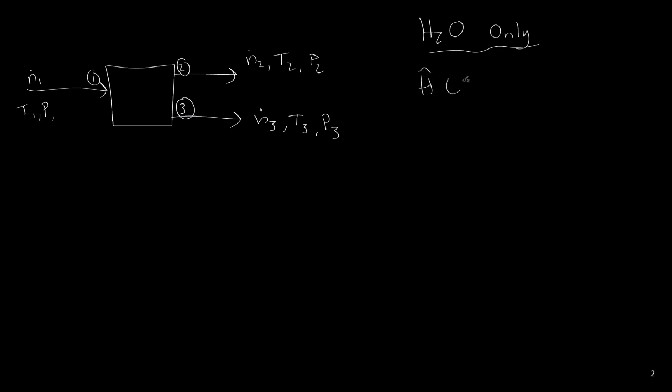We could potentially have a mass flow rate entering or molar flow rate entering, and thermodynamic properties of the inlet streams, and different properties of each individual stream. If we make this a case of water in the system, we have access to H hat as a function of temperature and pressure and phase in the steam tables.